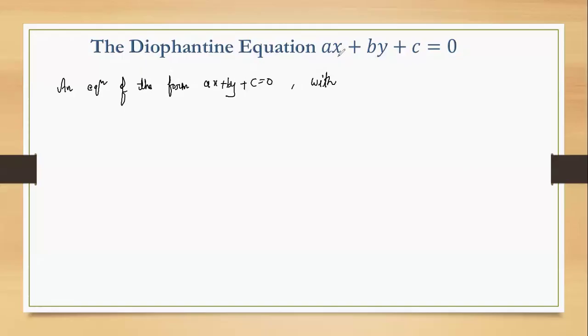That is, there should be some coefficient of x. It means the equation should be in two variables, with a not equal to 0 and b not equal to 0. Sorry, c can be 0, and c is an integer.